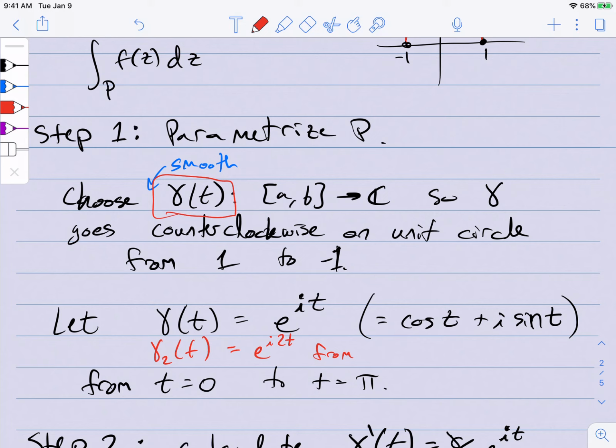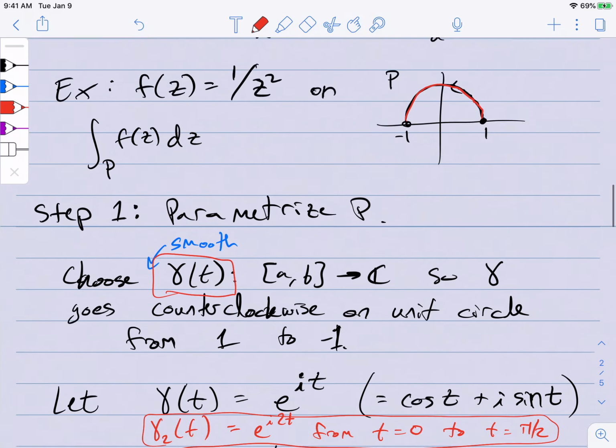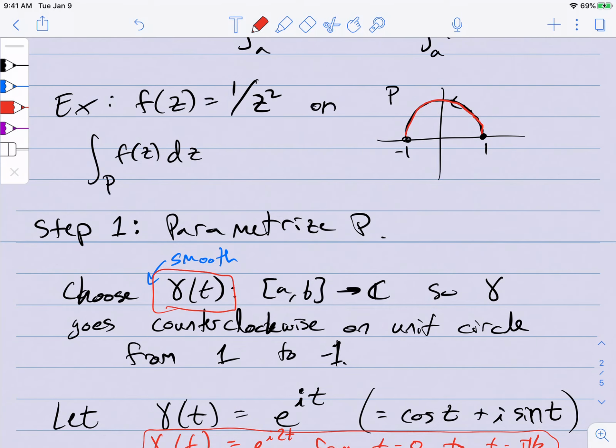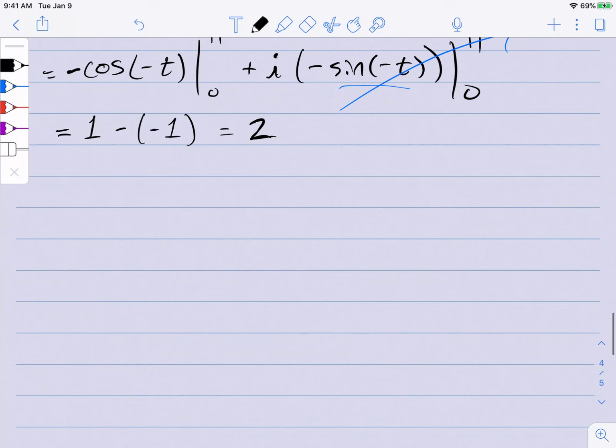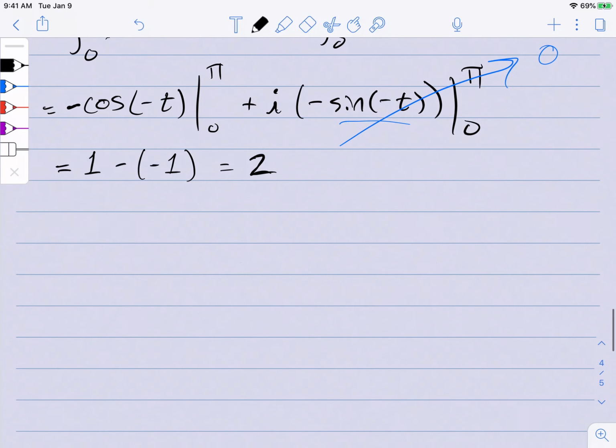So this one's going twice as fast, so it's just going to go from t equals 0 to t equals pi over 2 in this case. That would also give me a parameterization of the half circle. And it turns out these integrals don't depend on the parameterization, which is something you can check using the chain rule.